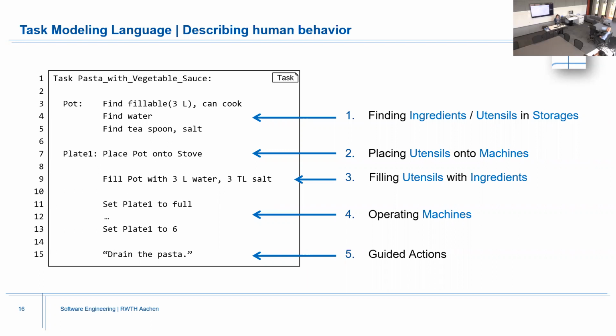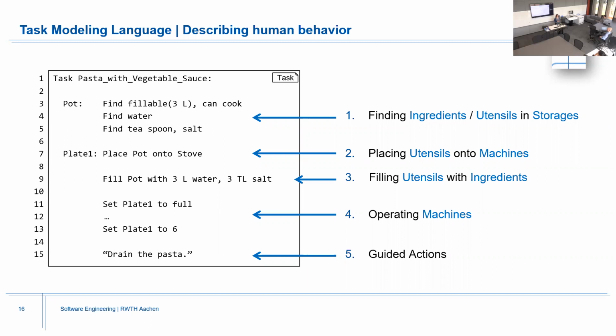We have defined several types of activities that you can have. So for example, to find ingredients or utensils is a certain type of activity that you can do. You can place something onto something else. You can fill a utensil with an ingredient, for example, fill a pot with a certain amount of water and other ingredients.